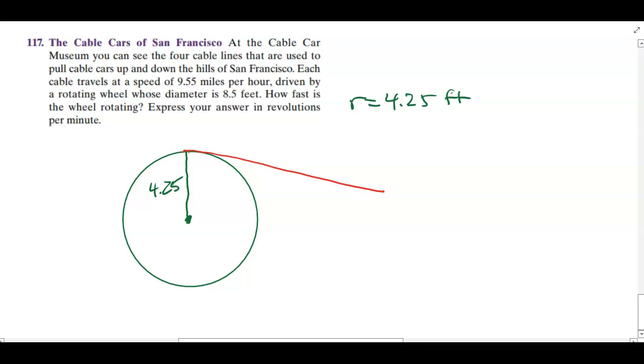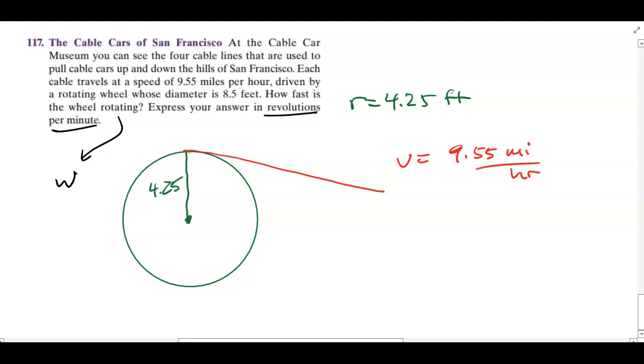And it says the cable travels at a speed of 9.55 miles per hour. So the velocity of the cable is 9.55 miles per hour. How fast is the wheel rotating? So that's W. So what we want is W, but we want it in revolutions per minute.